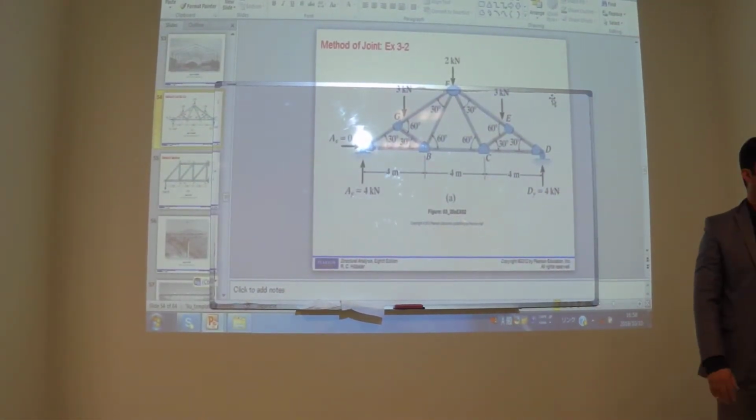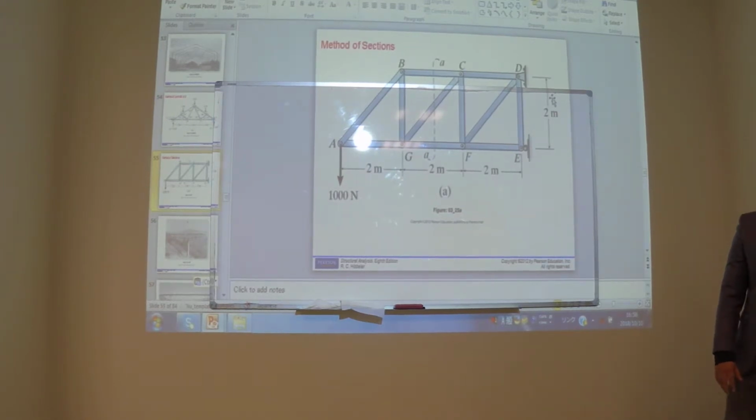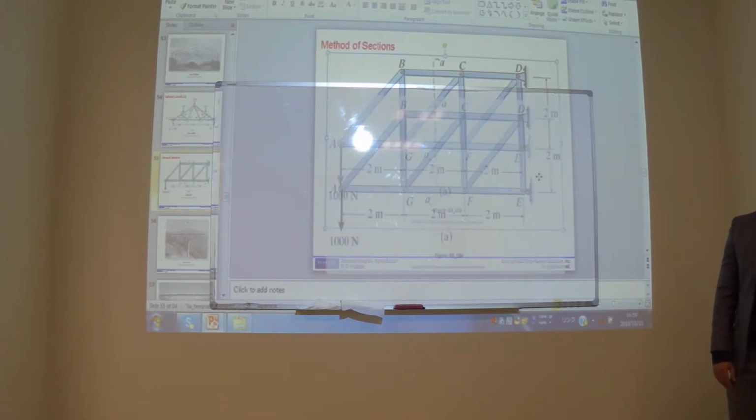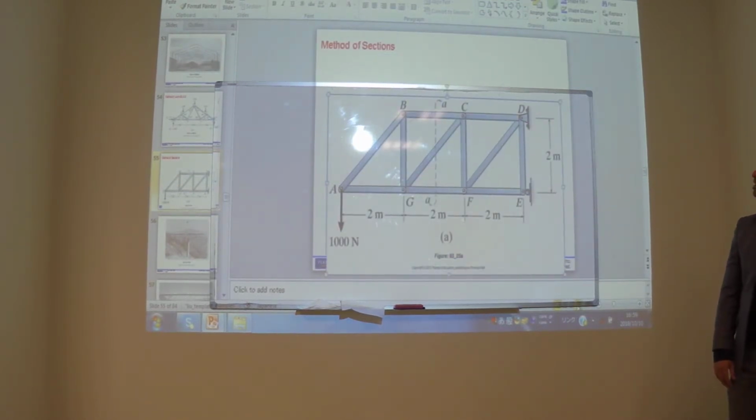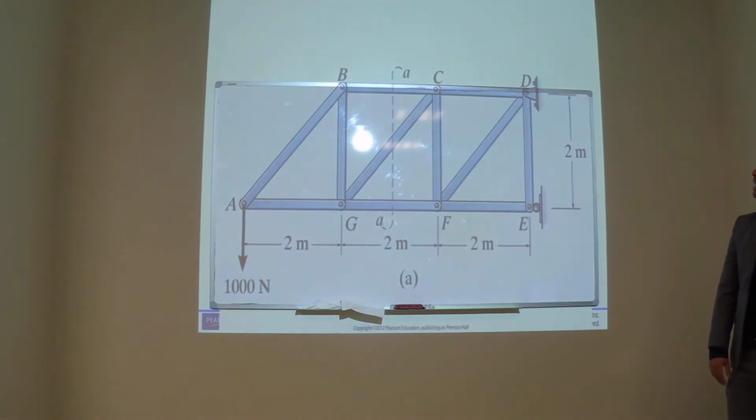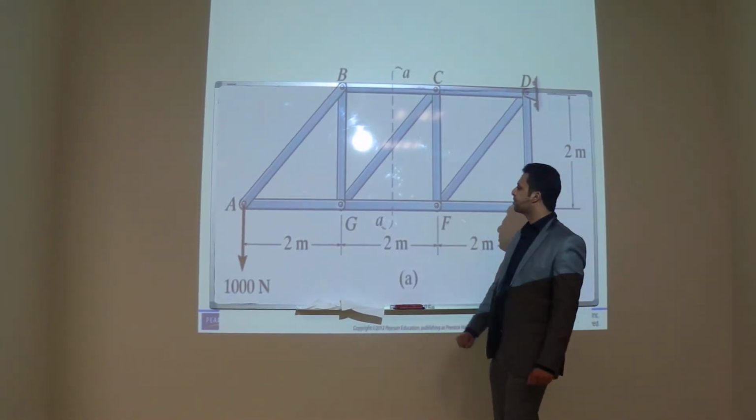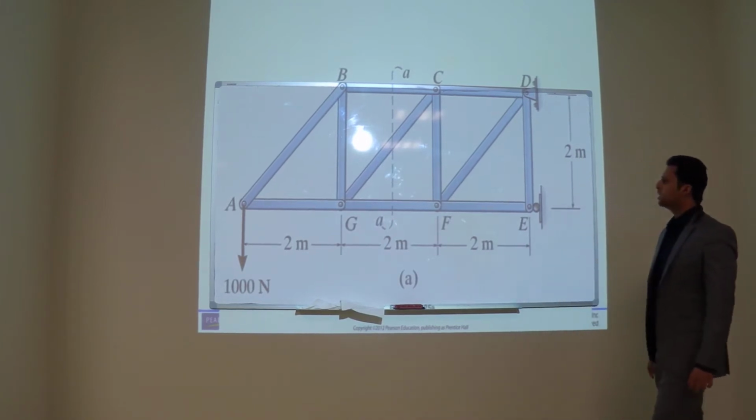Okay. So method of sections, it's tricky. I will not say easy because if you have to determine a force in member GC or GF or BC, you can take a vertical section. What is the method of section?